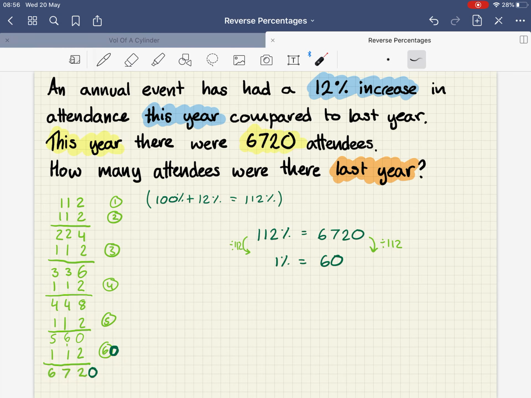And apologies about the error earlier, but it shows where this method does have an issue, because you can get into a sort of rhythm and make dumb mistakes like I just did. So multiplying that by 100, now I'm going to have 100% is equal to 6,000. So last year there were 6,000 attendees.